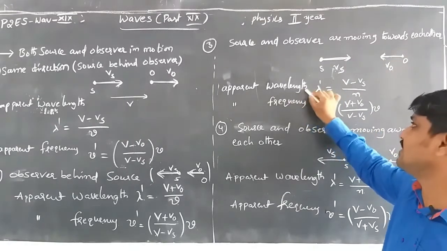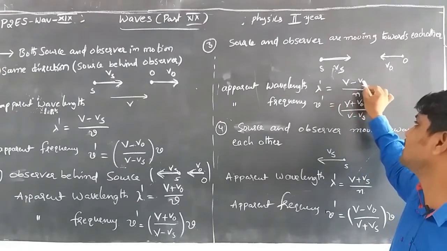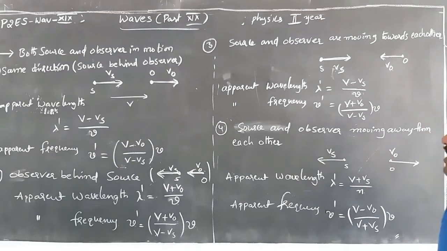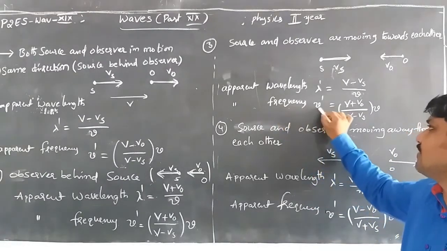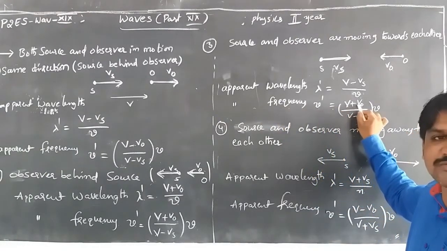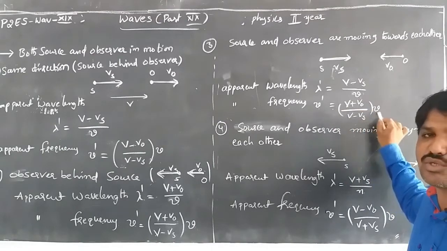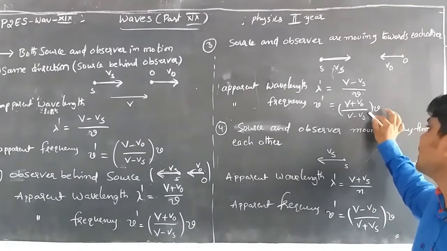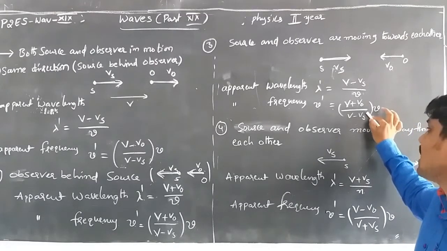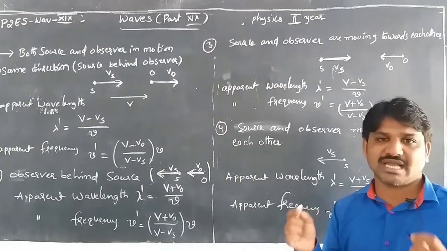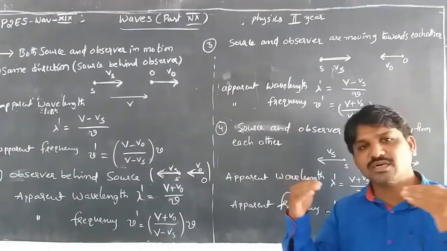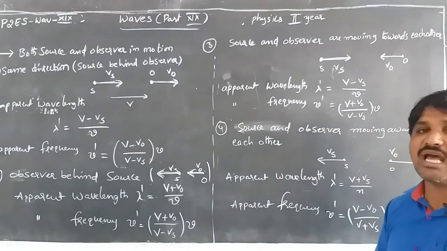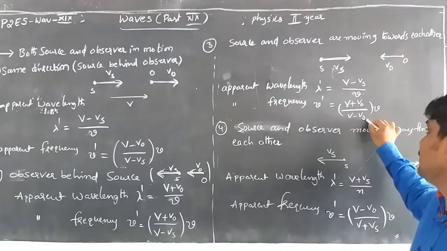The apparent wavelength is lambda dash equal to V minus Vs by nu, and the apparent frequency is nu dash equal to V plus V0 by V minus Vs into nu. This is the equation for the apparent frequency when the source and observer are moving towards each other, meeting each other, and the observer receives a higher frequency.